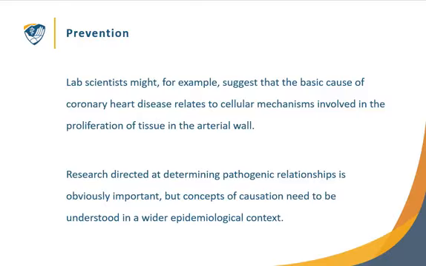Lab scientists, for example, might suggest that the basic cause of coronary heart disease or coronary artery disease relates to the cellular mechanisms involved in the proliferation of tissue or that proliferation of plaque in the arterial wall. Research directed at determining pathogenic relationships is obviously important, but concepts of causation need to be understood in a wider epidemiologic context.